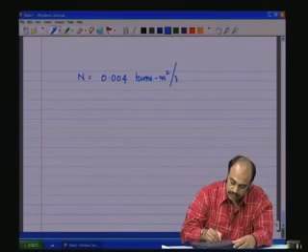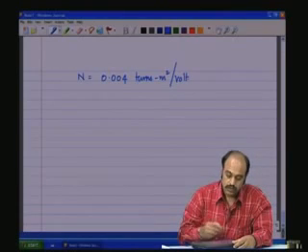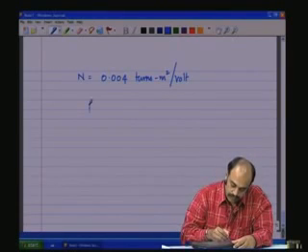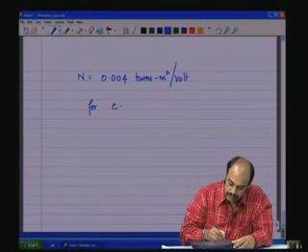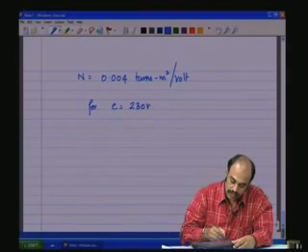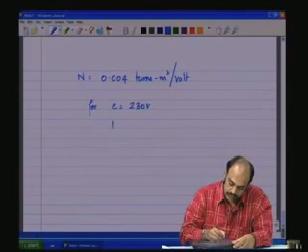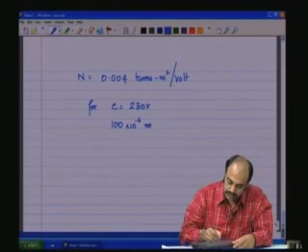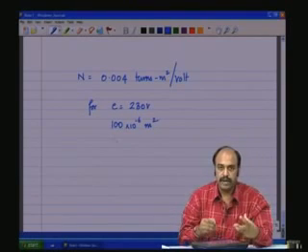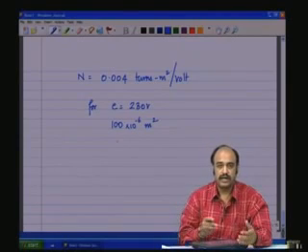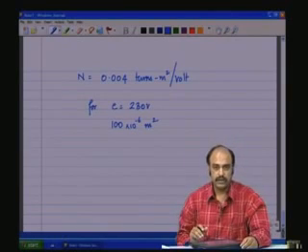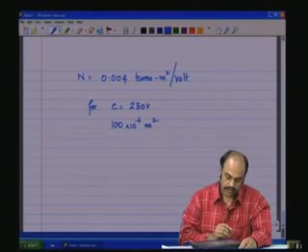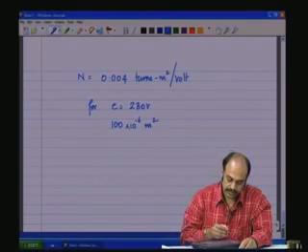So, let us say for E is equal to 230 volts and a core area which is 100 into 10 to the power of minus 6 meter square. This is the order of the magnitude of the cores, 100 to 1000 into 10 to the power of minus 6 meter square, which you will see as the core cross section area.